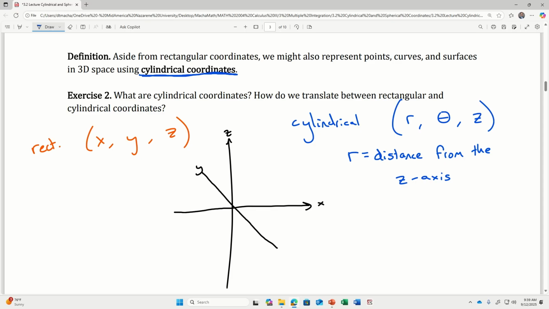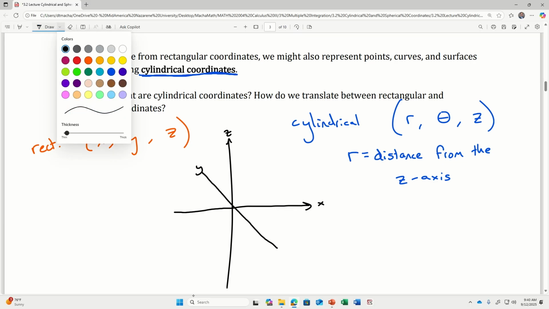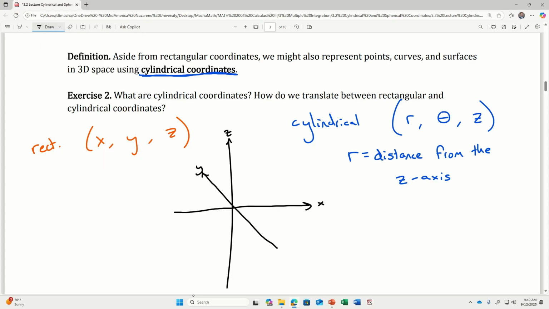Theta means the same thing. Theta is still the angle you have to rotate counterclockwise in the xy plane from the positive x-axis. And then z is still z. Any questions about cylindrical?